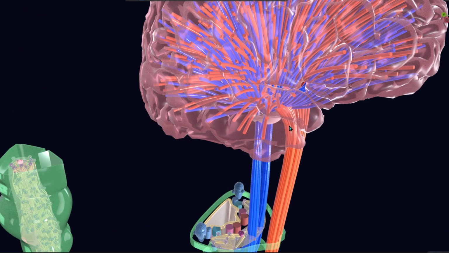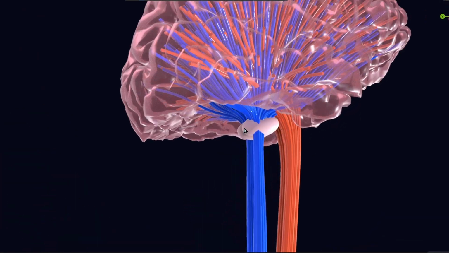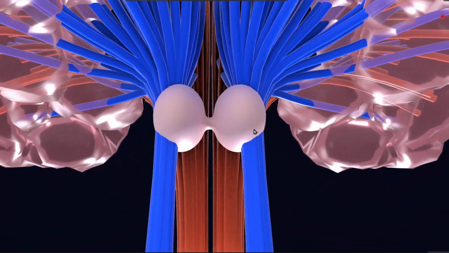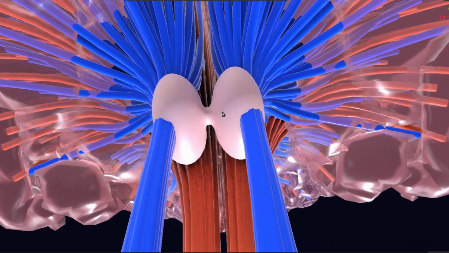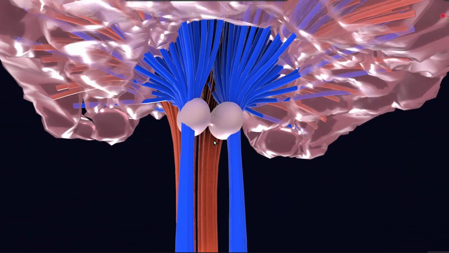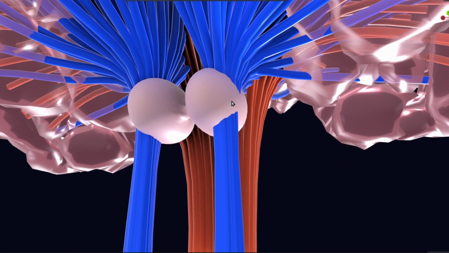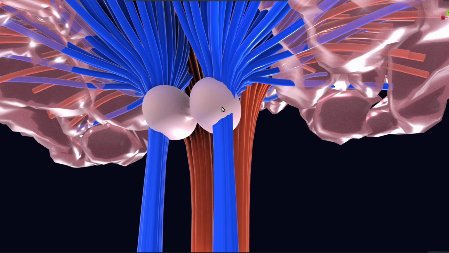And then what do we have here? These are not testicles in your brain, these are the thalami, and there is some interconnecting part of the thalami, of course. So basically these fibers will go to the thalamus, to the ventroposterolateral nucleus of the thalamus. Don't worry about these things, you will learn them in neuroanatomy if you don't know. Here they will synapse with the neurons of this nucleus of the thalamus.